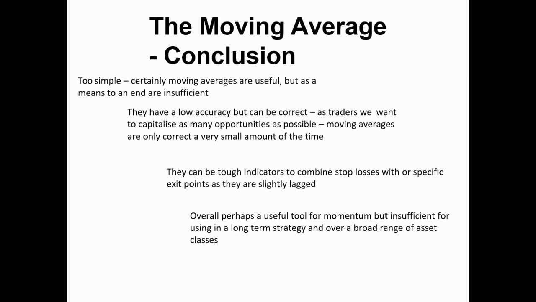They can be tough indicators to combine stop losses with or specific exit points, as they are slightly lagged. Overall, perhaps a useful tool for momentum but insufficient for a long term strategy and over a broad range of asset classes.